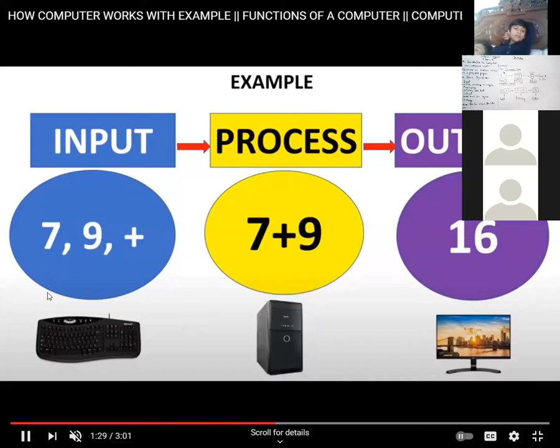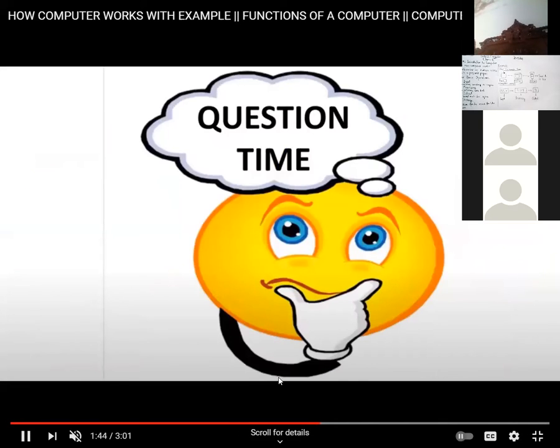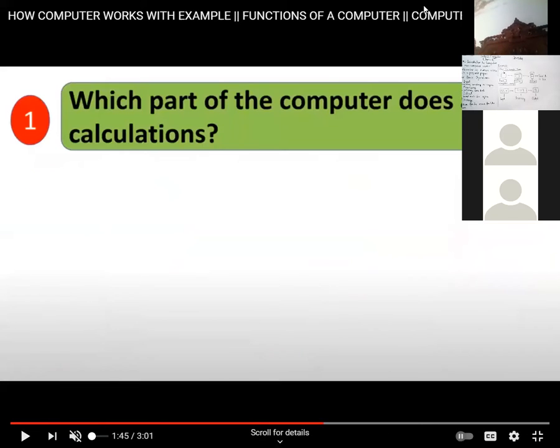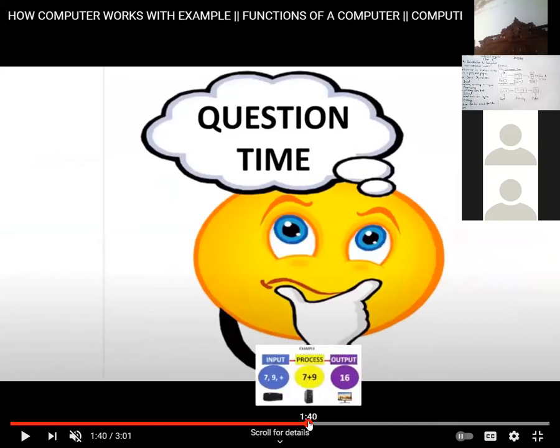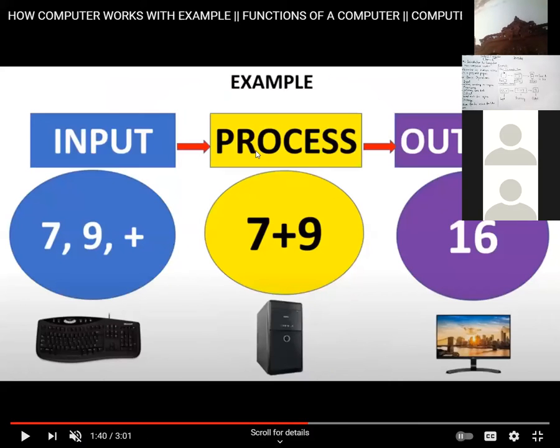Now we'll take an example: 7 and 9, and we have to add them. So what will the process be? First of all, we will input the numbers through the keyboard. Then we will process them through the system unit. And then we will get the output, which will be displayed on the computer screen.